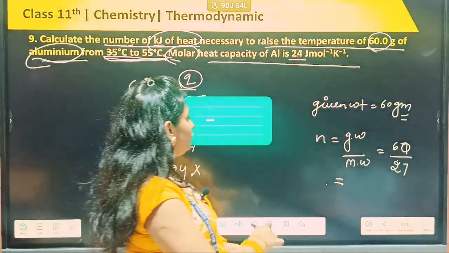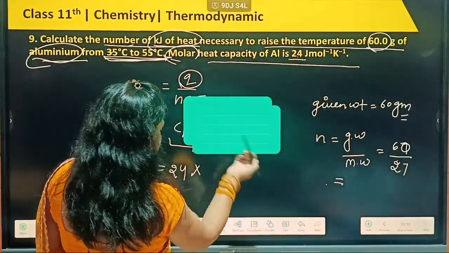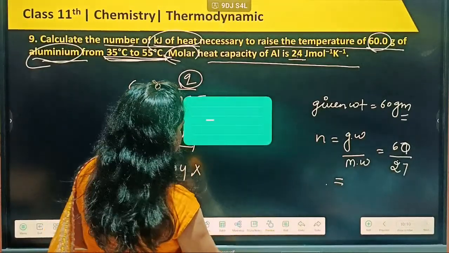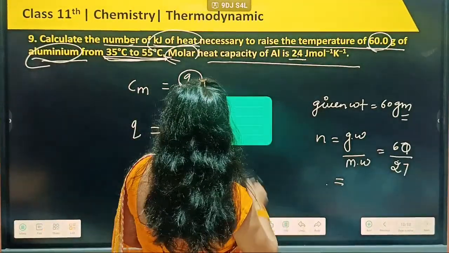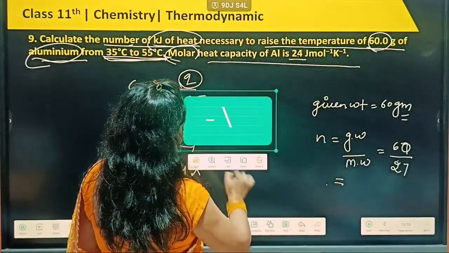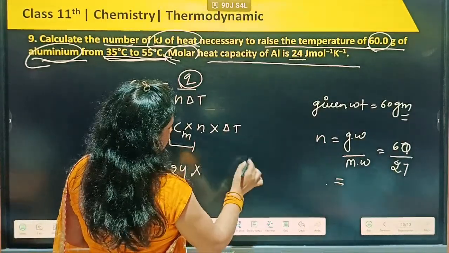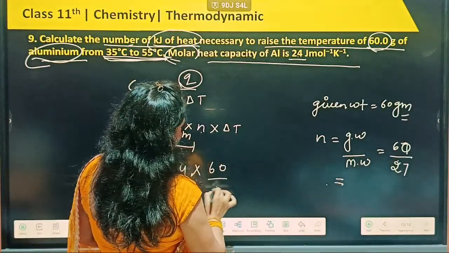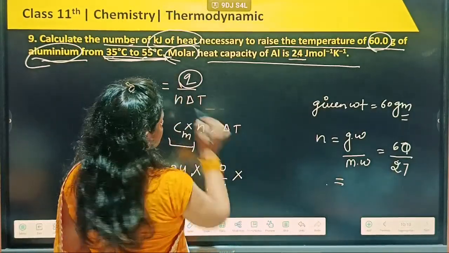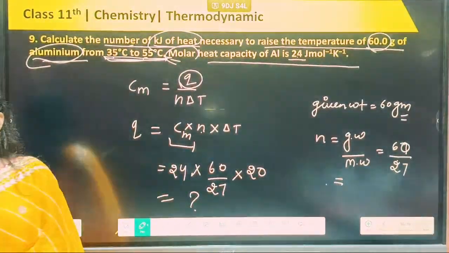After calculating all these, from here n you can calculate, 60 by 27 into del T, 55 minus 35, 20. You can calculate this. Okay.